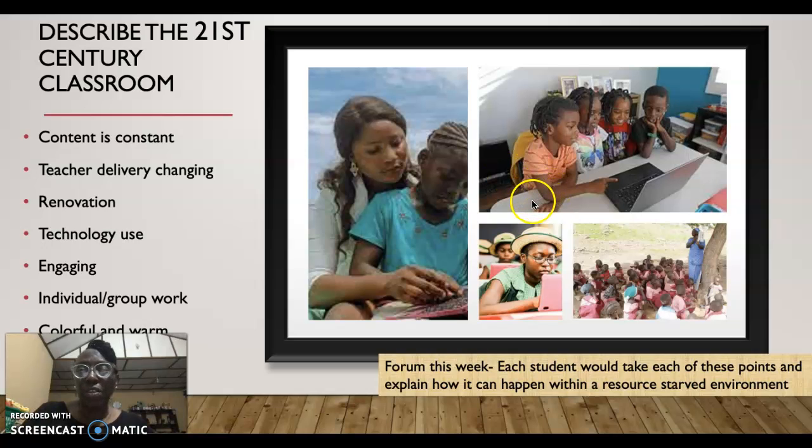In this week's discussion forum, we're going to be looking at each of the descriptors for the 21st century classroom and we want to reflect, we want to think out of the box. In our resource-starved environment, when we don't have that many resources, what can we do to accomplish this 21st century classroom?